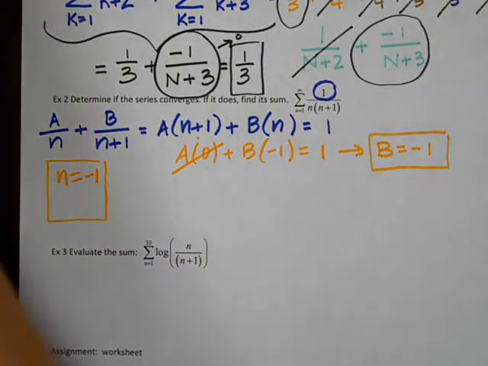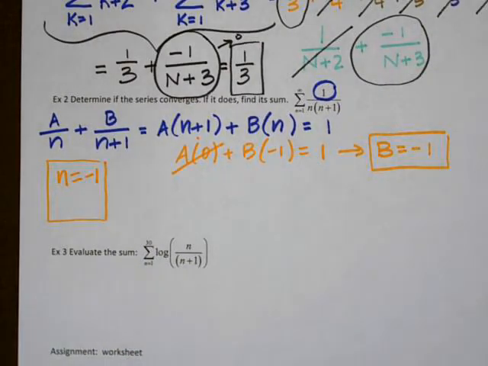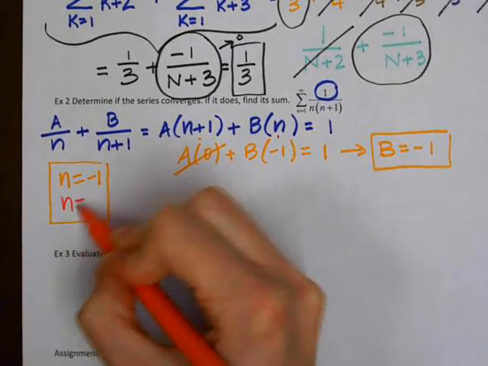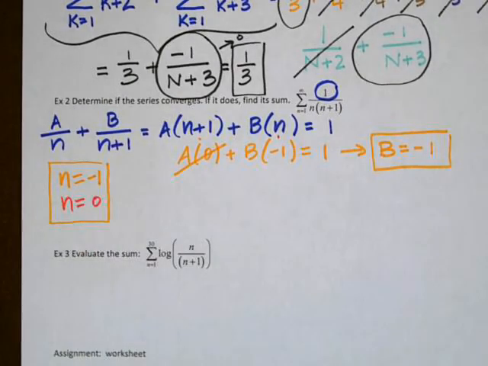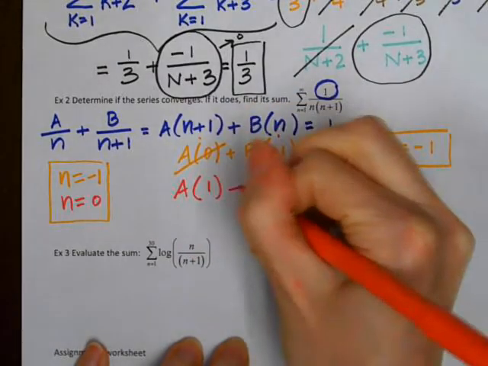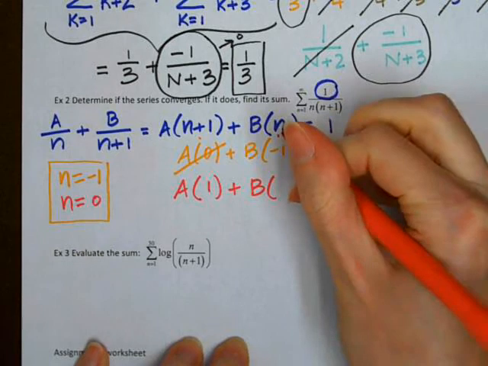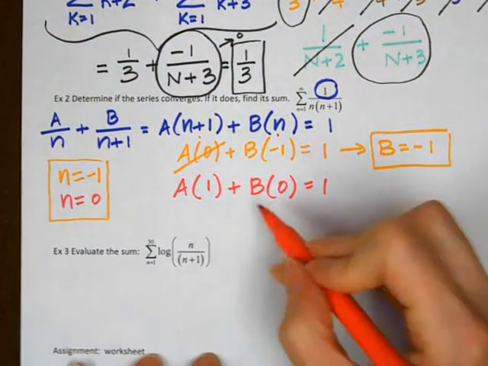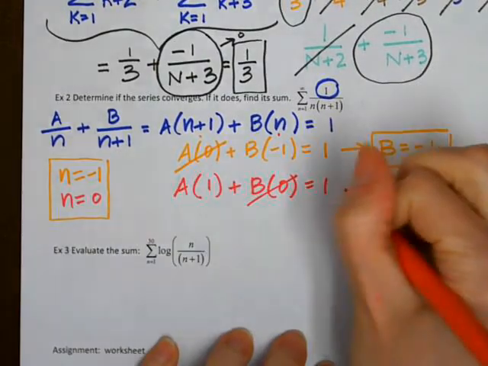Now let's plug in another value for n. This time I'm going to plug in 0. If we plug in 0 for n, we're going to get a times 1 plus b times 0 equals 1. And then this one will cancel, and you guys can see that a equals 1.